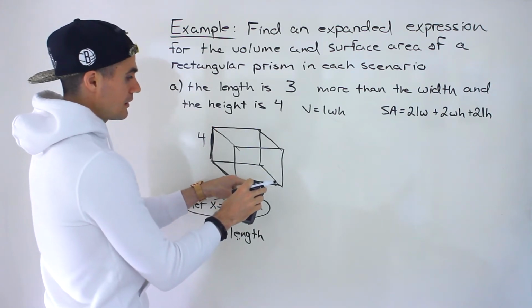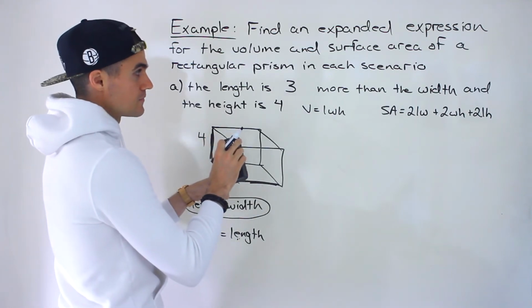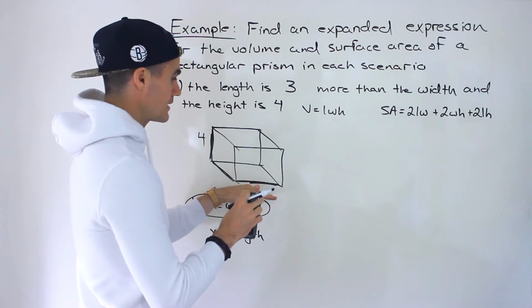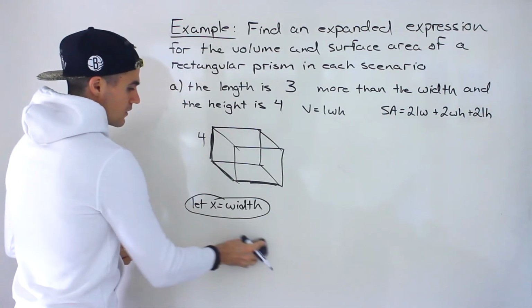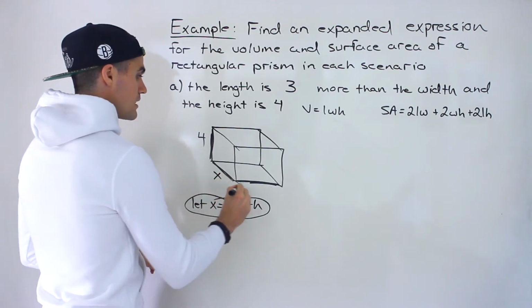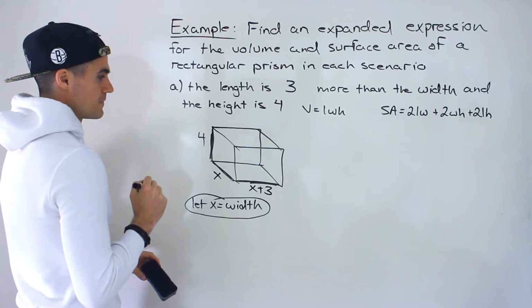You got to let x equal the length, and then the width is going to be 3 less than the length. If that was the wording, then it might make a little bit more sense to let x equal the length. But just from the wording, I'm going to let x equal the width, and then the length is going to be 3 more than the width, like that.